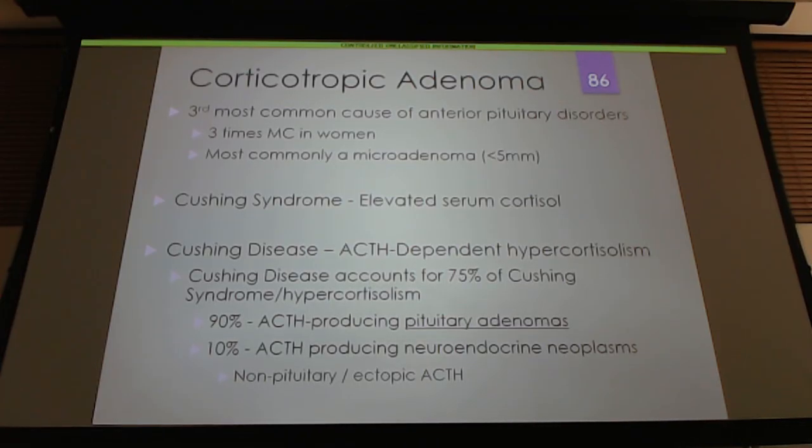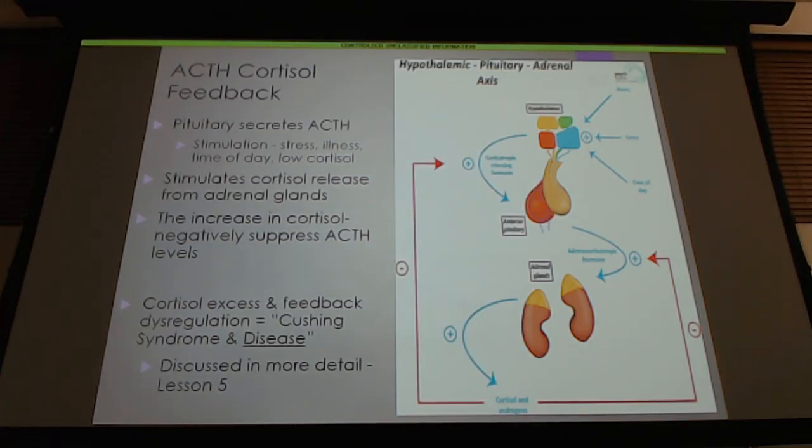Terminology we've heard before. Here's your feedback loop. Again, we need ACTH, right? We need cortisol, it helps us in stressful situations. It helps us in day-to-day life. So again, the anterior pituitary is signaled that cortisol is low, so it's going to secrete ACTH.